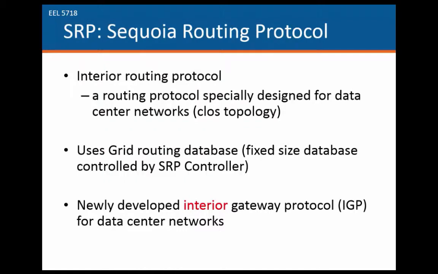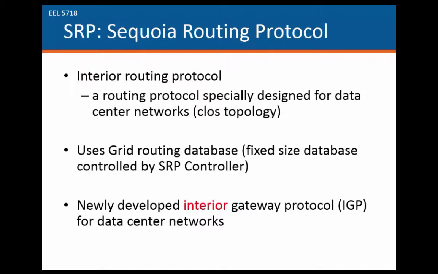Hi, my name's Jake, and I'm going to be covering the Sequoia routing protocol. The paper we're covering talks a lot about the Sequoia routing protocol and points out the pros and cons of this versus the OSPF routing protocol. So, SRP versus OSPF: they're both interior routing protocols. SRP is a routing protocol especially designed for data center networks.